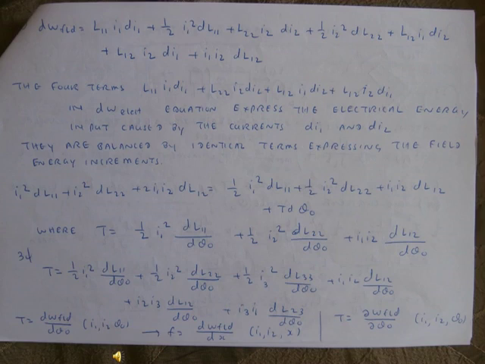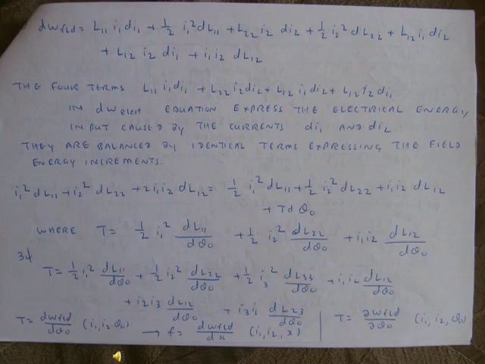T equal to half I1 square dA11 by d theta 0 plus half multiply I2 square by dA22 by d theta 0 plus half multiply I3 square dA33 by d theta 0 plus I1 I2 dA12 by d theta 0 plus I2 I3 dA23 by d theta 0 plus I3 I1 dA31 by d theta 0.